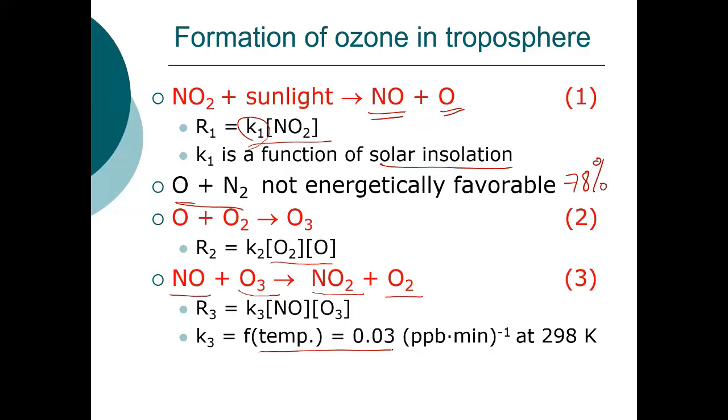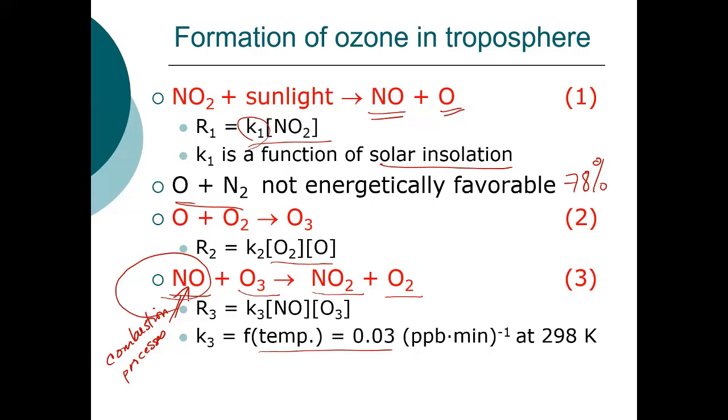Now, the problem scientists had in understanding this reaction is NO is the primary pollutant that's formed from combustion processes. Okay. So we have combustion processes, power plants, automobiles produce NO.